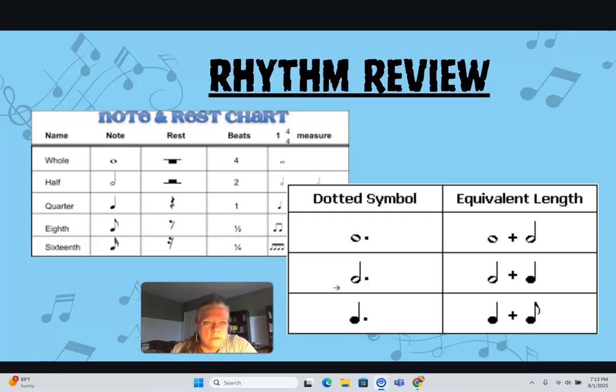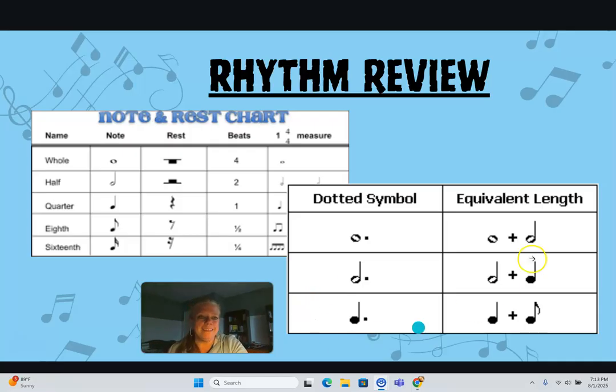Remember, no notes have numeric value until they are put in a time signature. It's the if-then statement that tells you if there's a 4 on the bottom, the quarter note's equal to 1. Now you know how to give each of those notes and rests a numeric equivalent.